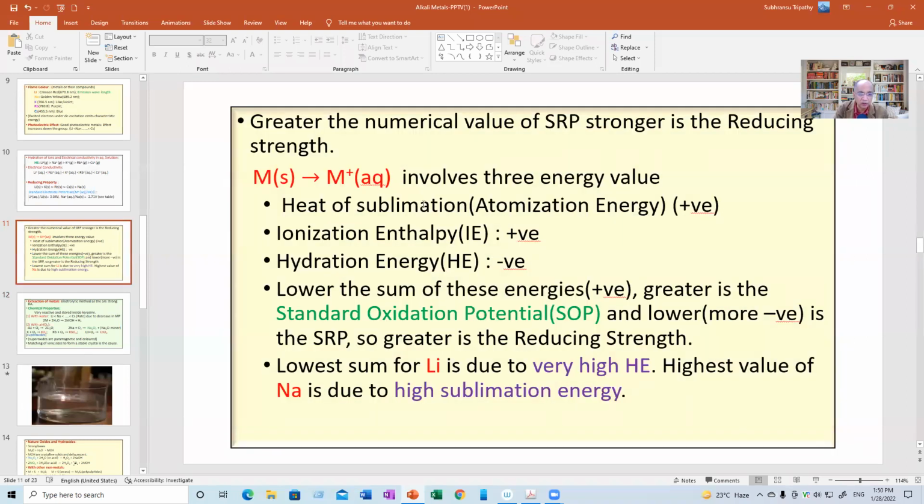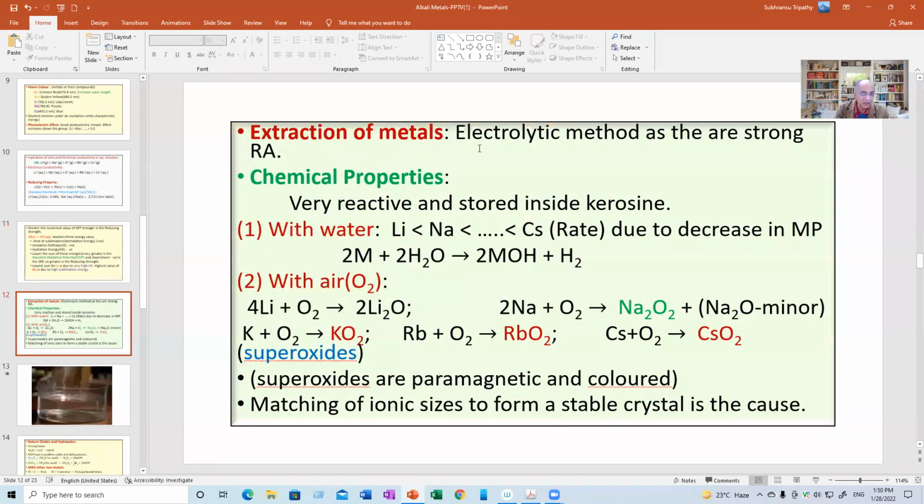Extraction of these metals is done by the electrolytic method. And you may get a question, why the chemical reduction method is not applicable for the s-block elements as well as aluminium of the p-block, group 13? Because they themselves are strong reducing agents.